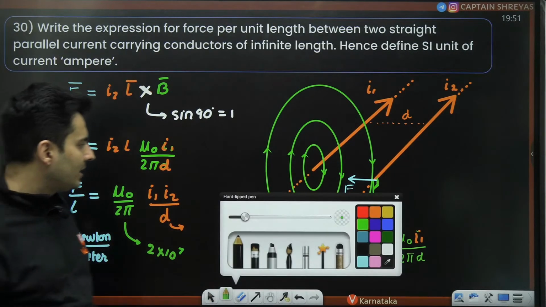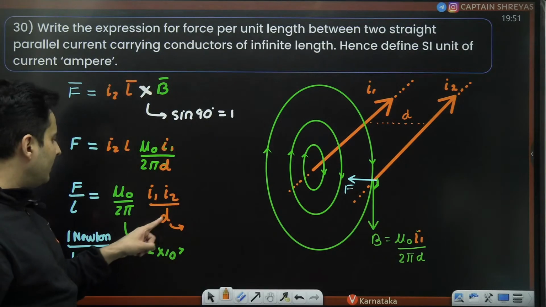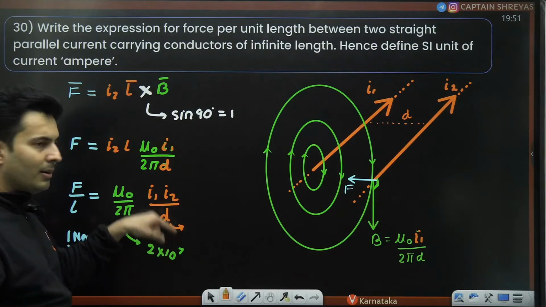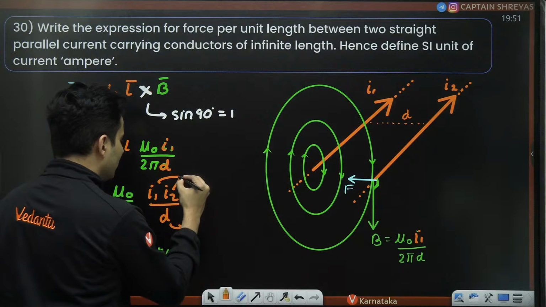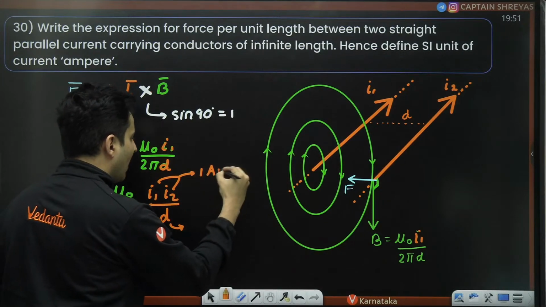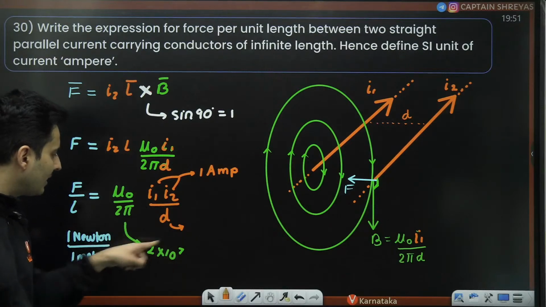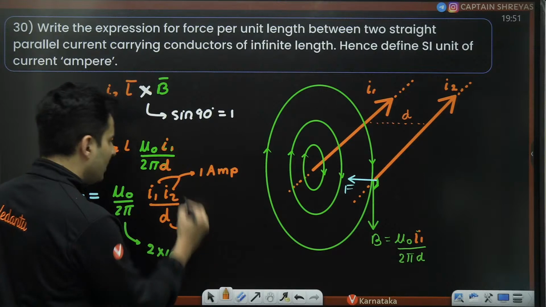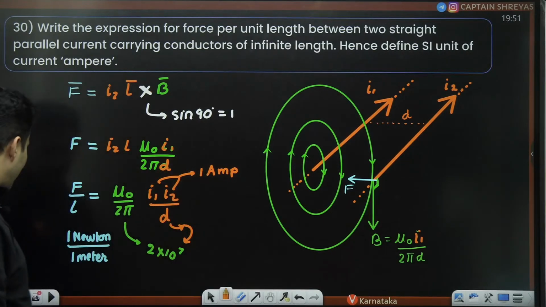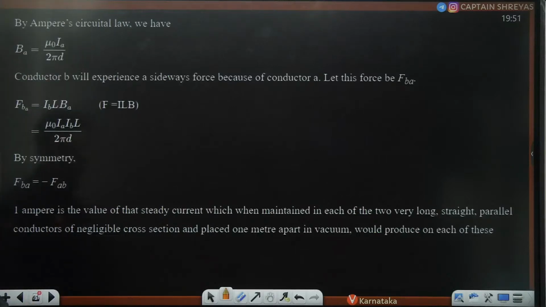And if both these currents are 1 ampere each, then this distance has to be exactly cancelling out this number over here, so that you will get the currents as 1 ampere. So that is what you will write down as simple as that.